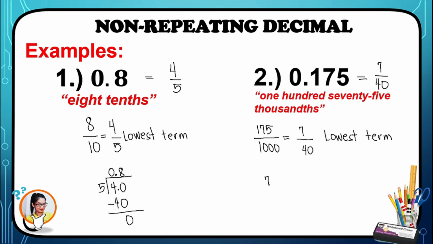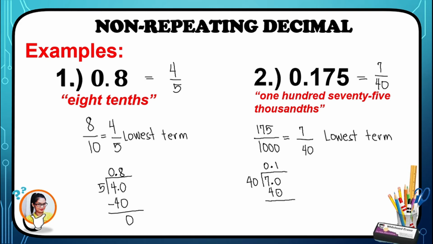So we'll have here 7 divided by 40. It is very clear that there's no 40 in 7, therefore we'll add 0. So how many 40 are there in 70? We have here 1. 1 times 40 is 40.